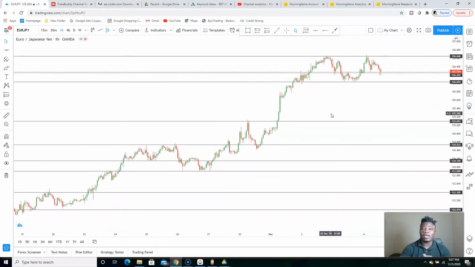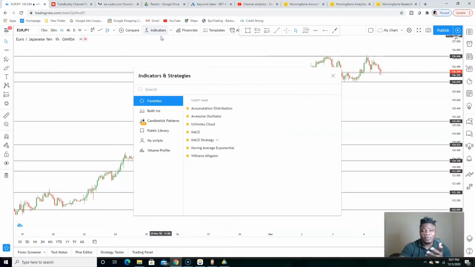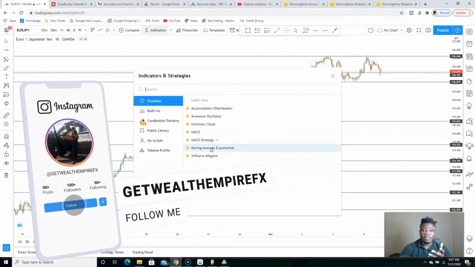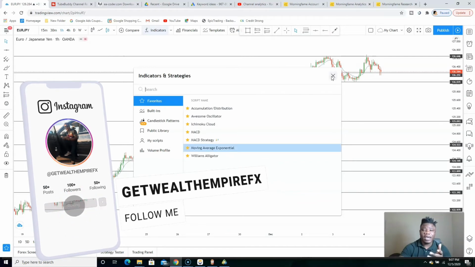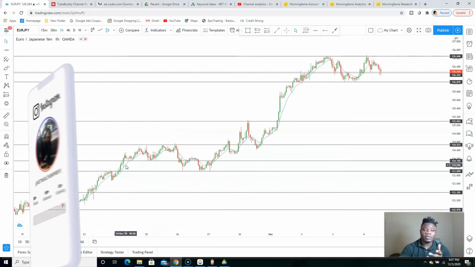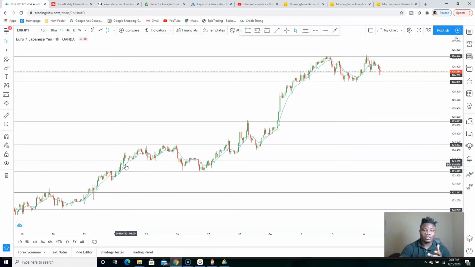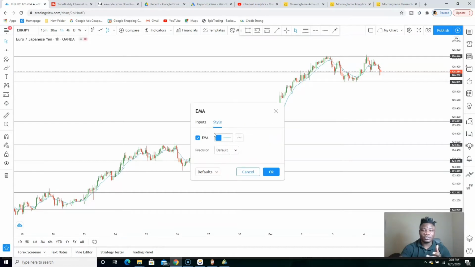So now, as you guys can see, when it comes to support and resistance, we have our chart marked up right now. Now, I'm going to add one of the indicators that we're going to be using for this strategy. The first indicator that we're going to add is actually the 50 EMA. Make sure it's moving average exponential when you're trying to use this strategy.